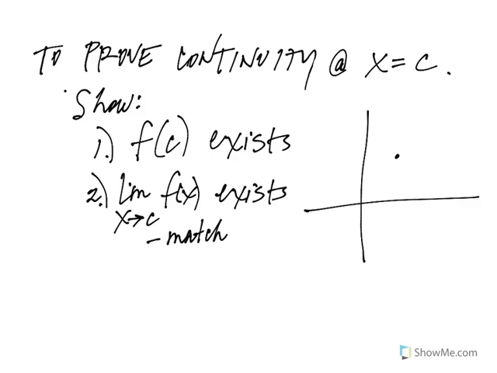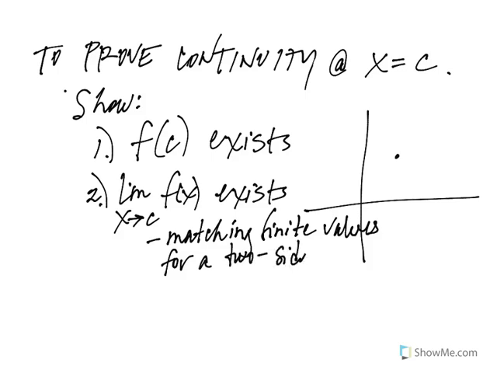They have to be matching finite values for a two-sided limit. So what you're looking for is that the two sides actually come together at the same y value for this value of c right there.